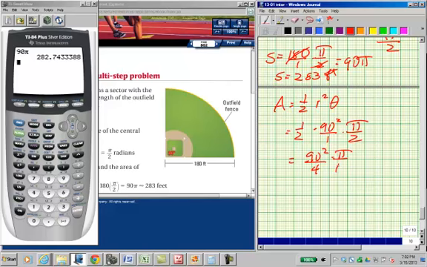Okay, so we can just do this on the calculator. All right, so we got 90 squared divided by 4 times pi. Okay, now I know I did something wrong because it's a lot bigger than this. 1/2 r squared theta. R is 180, not 90.